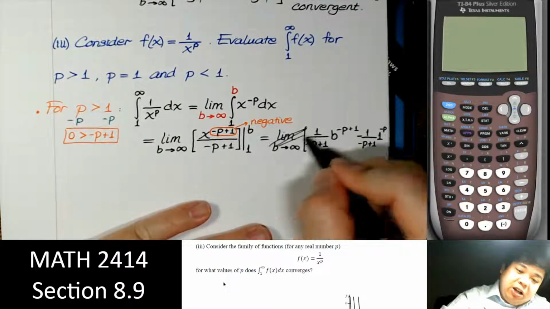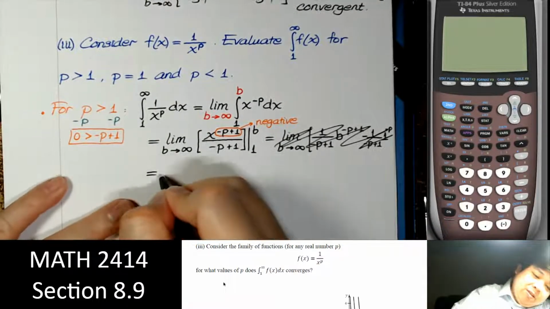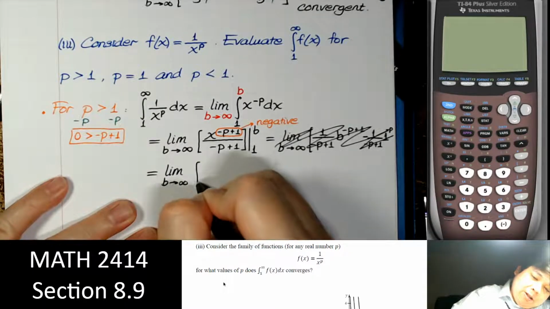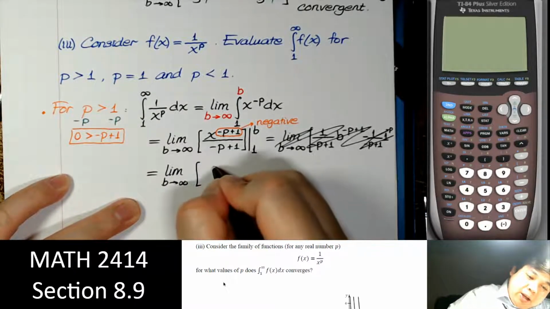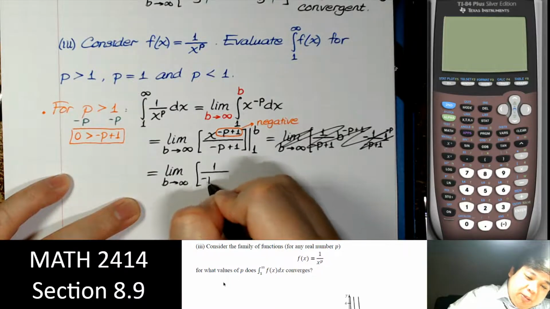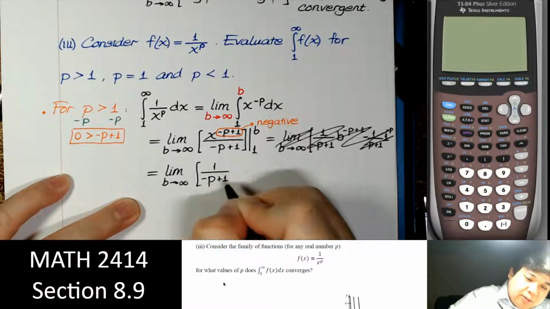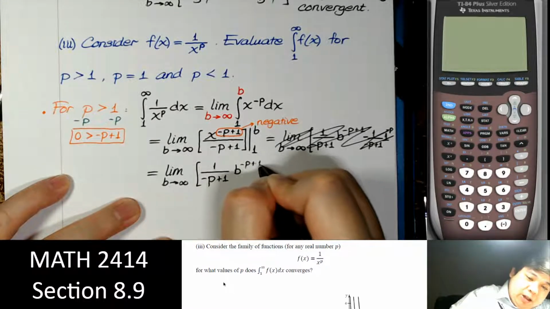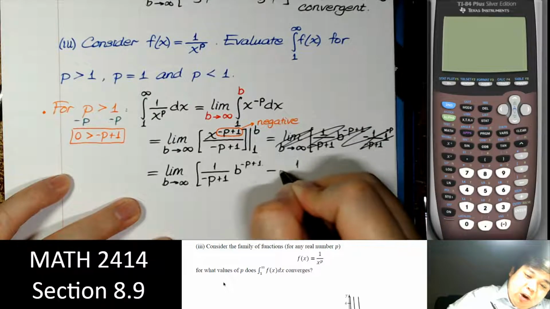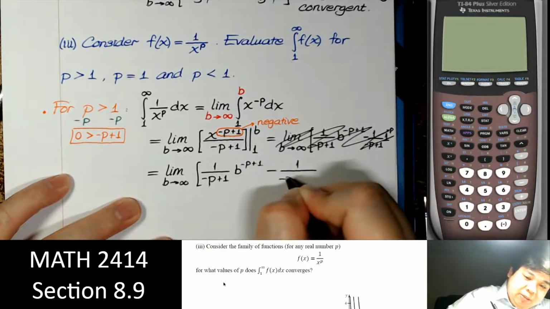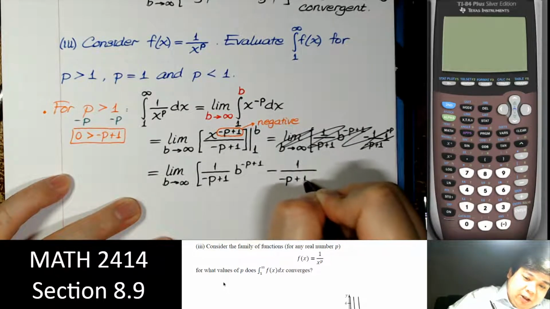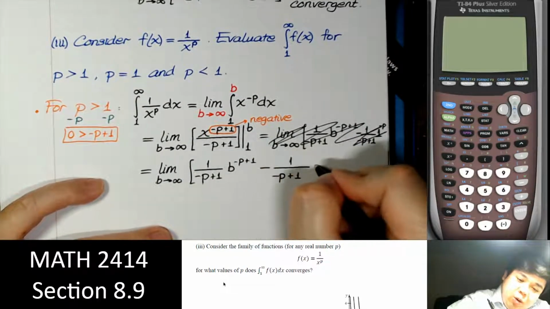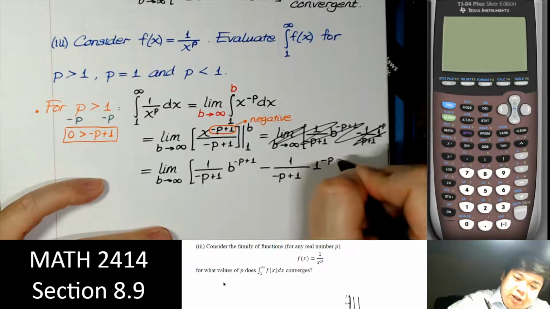In fact, let me just write this again because I'm running out of space. 1 over negative p plus 1 times b to the negative p plus 1, subtract 1 over negative p plus 1 times 1 to the negative p plus 1.